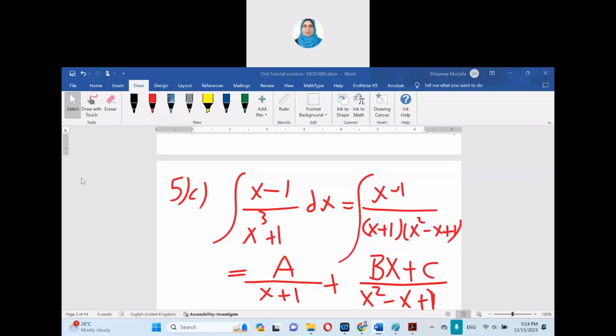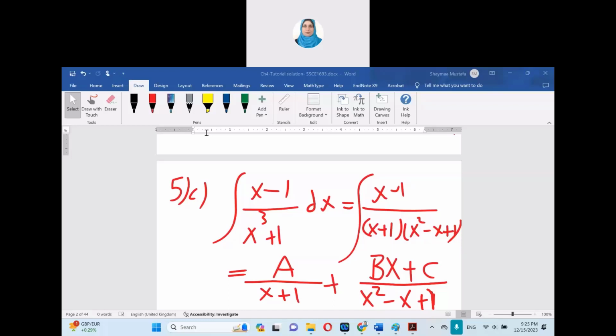Just now we solved one similar in chapter 3. And now we have covered all of you, I think, all the sections.